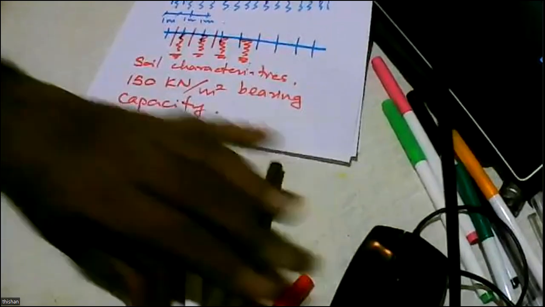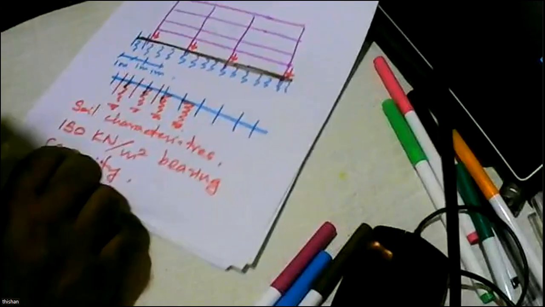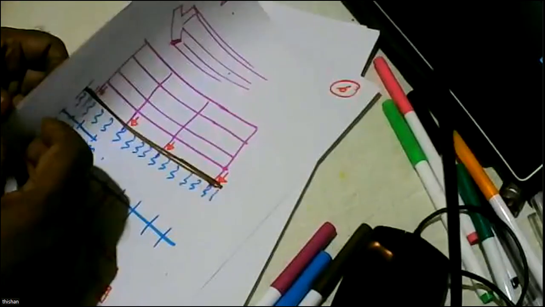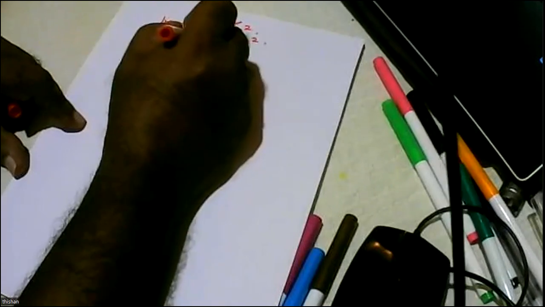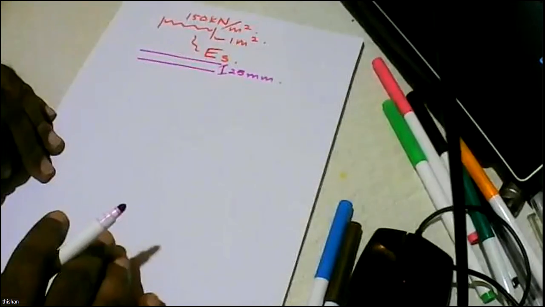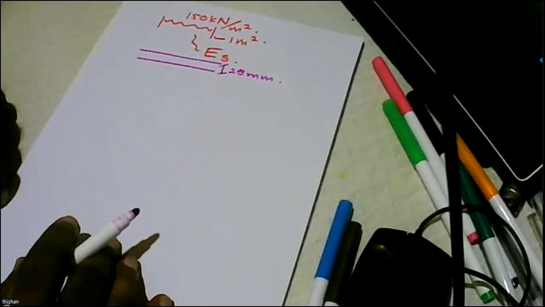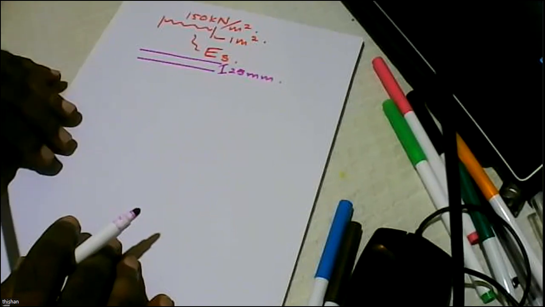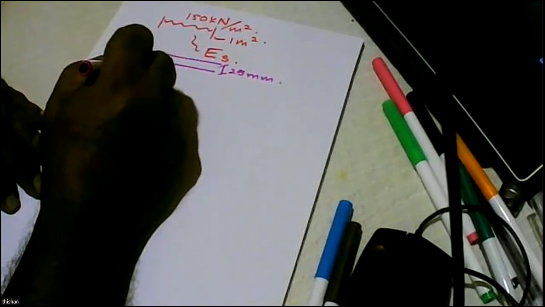When I say the bearing capacity of soil is 150 kilonewtons per meter square, the actual meaning is, if I apply a load of 150 kilonewtons per meter square, so 1 square meter, there will be a certain elastic modulus of soil, and we know deflection is related to the elastic modulus, and the corresponding deflection will be limited to 25 millimeters.